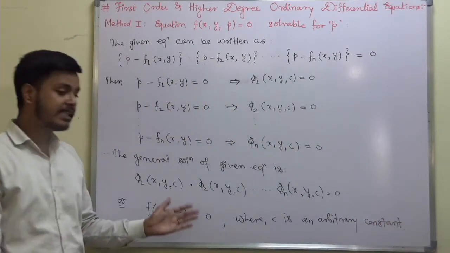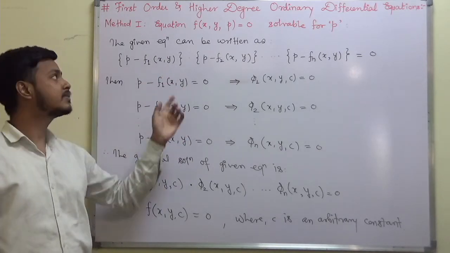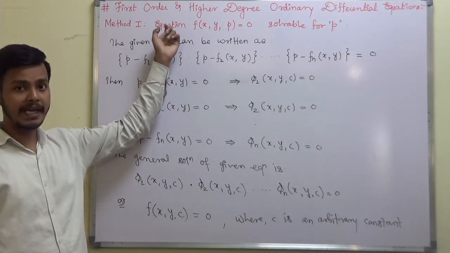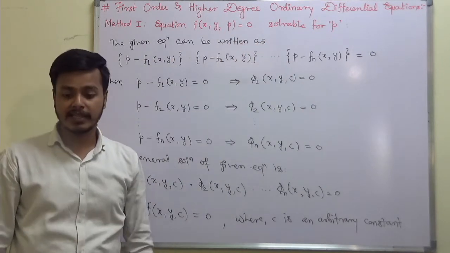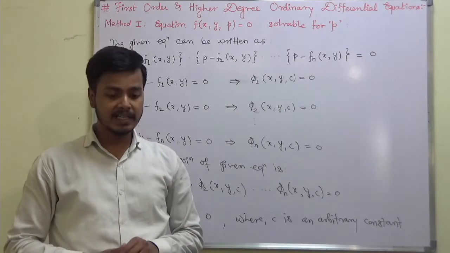So you have to deal with examples like this whenever the problem is to be solved by the solvable for p method. Now to make the idea more clear, let us take an example on it.